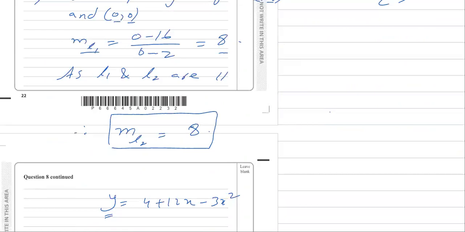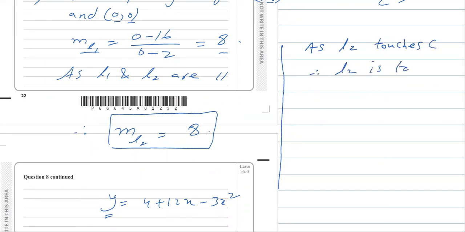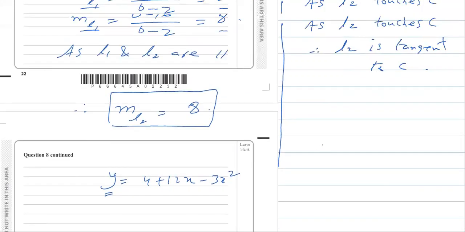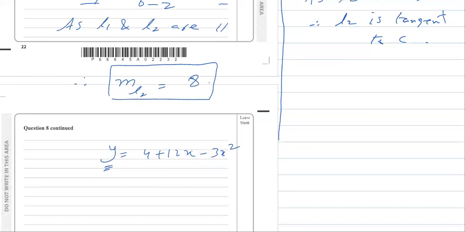So here I will write it as L2 touches C, so therefore L2 is tangent to C. Now if it is tangent to C, to get the point, let's take the derivative of this one, so that at that point it will give you the gradient.